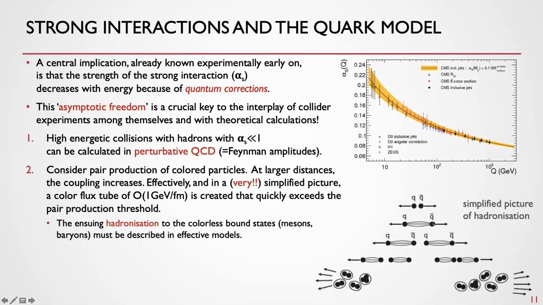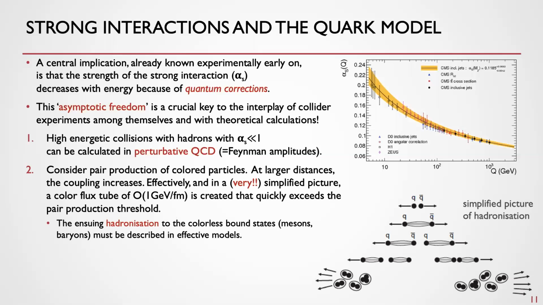This strong interaction means that there is a color flux tube between the two quarks that makes a constant potential. So if the quarks move further apart, you always need the same energy per unit distance of displacement.